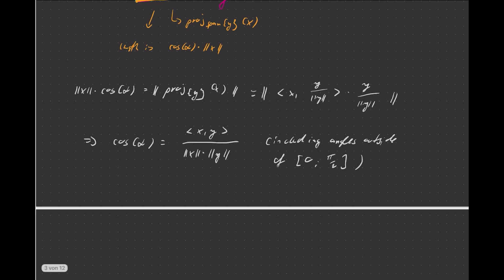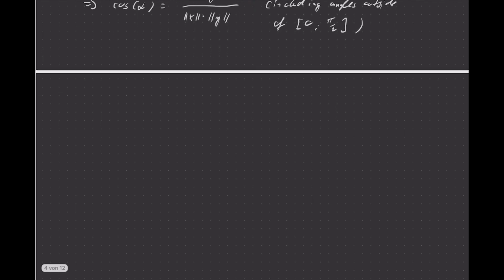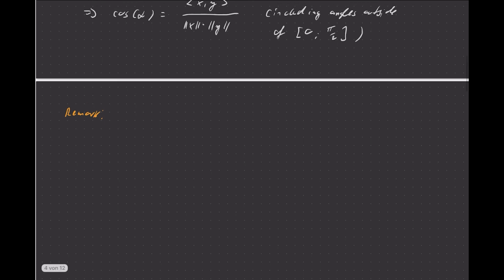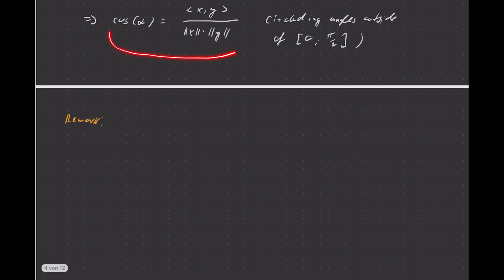So what that gives us in general is the following remark. If we have two vectors, then the angle between those two is given by this expression here.